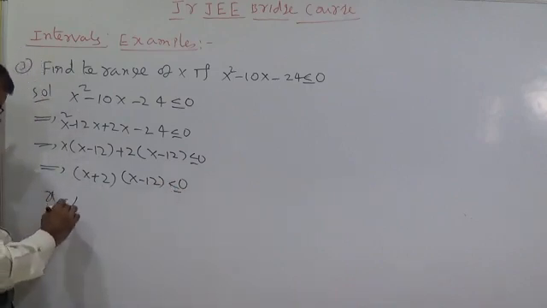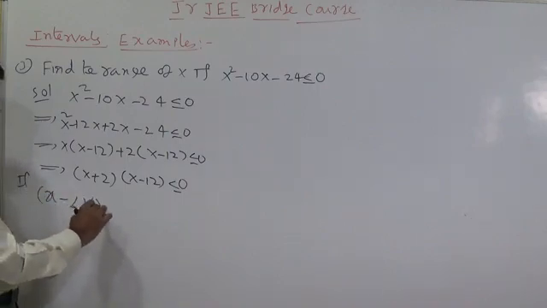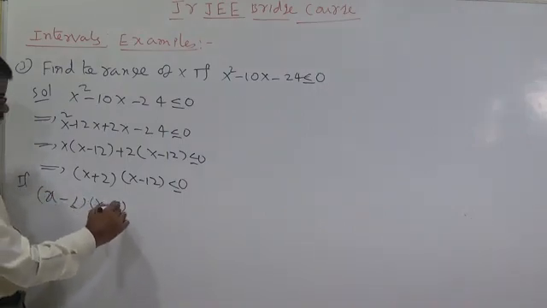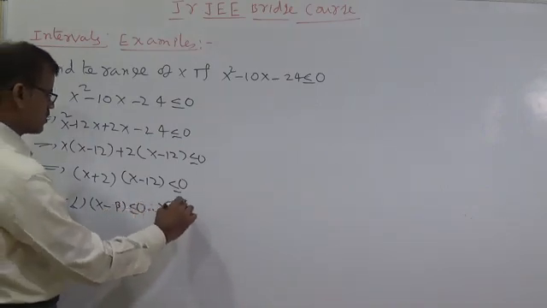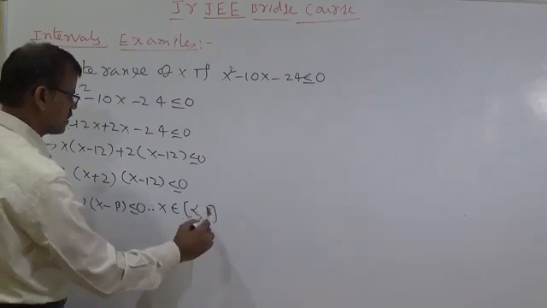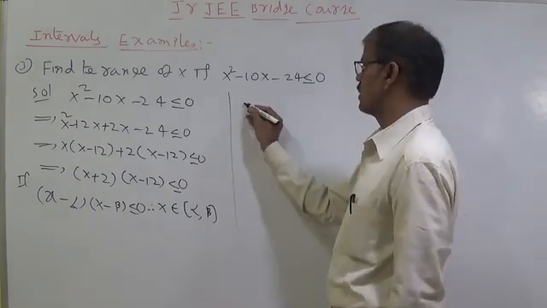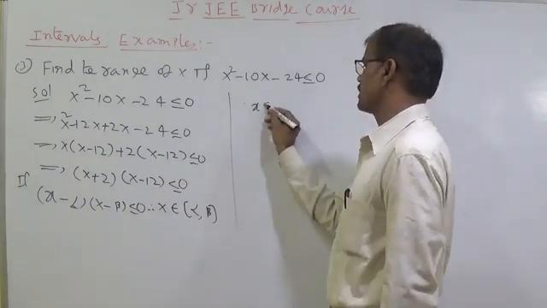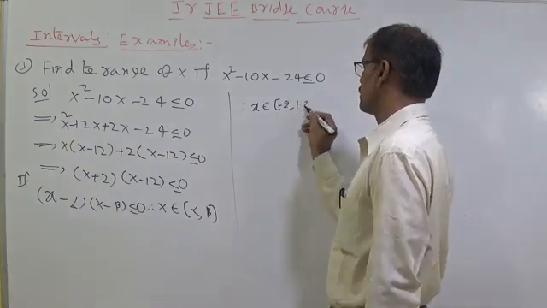The formula I am discussing with you: if x minus alpha into x minus beta is less than or equal to 0, therefore x belongs to closed interval alpha comma beta. Closed interval means the value will exist. X belongs to, you can write here, minus 2 comma 12.